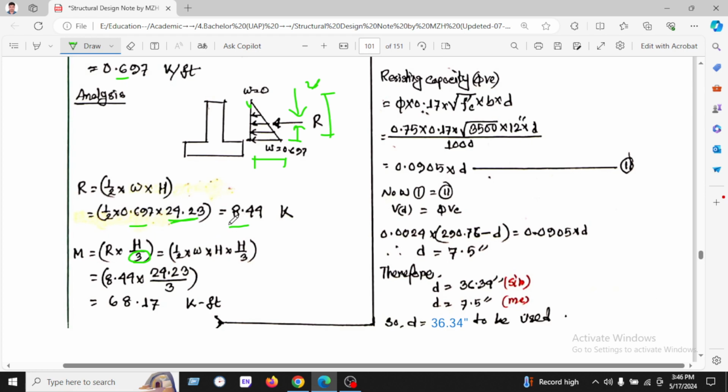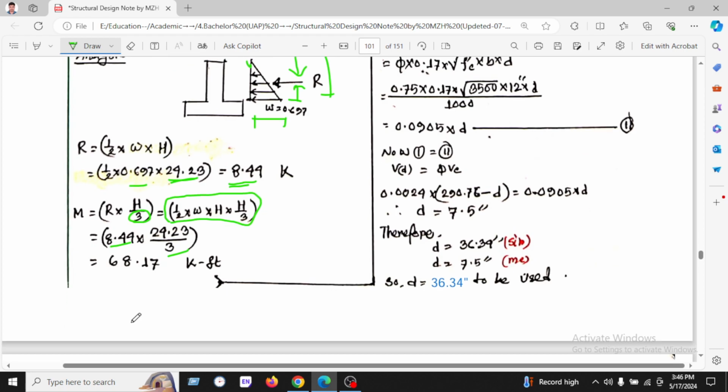We have found here r, and 1/3 of h here. Or we can write the full formula of r, but we will not do this. Rather we will use 1/3 of h into r, and we have found 68.17 cubic feet.